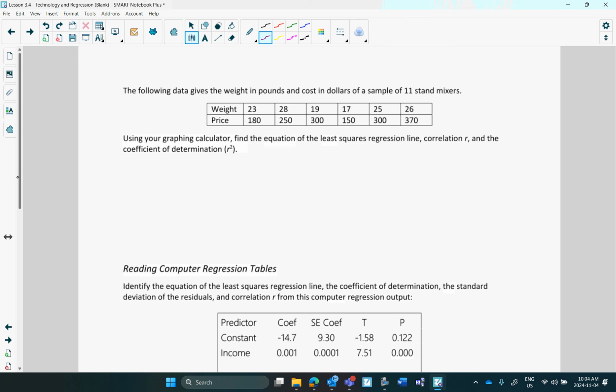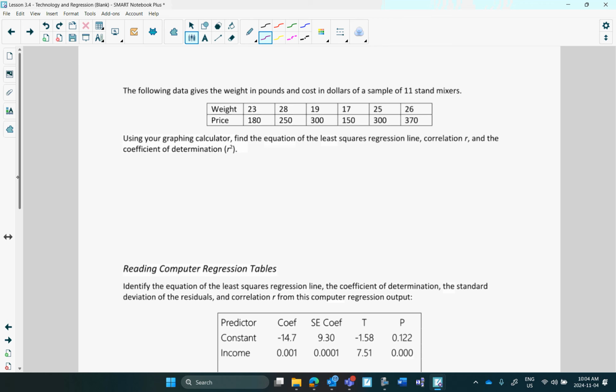Now, right arrow key takes you over to column L2. So 180, enter, and then etc. 250, 300, 150, 300, 370. And don't forget to hit enter after that 370. So you've got your data entered.